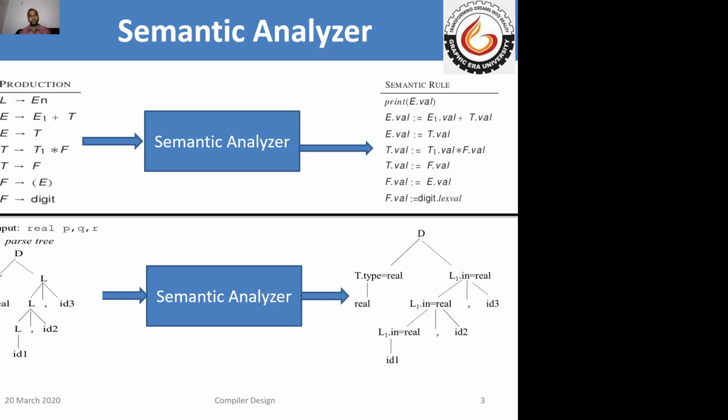And the third is type, then variable dot type. So this is the convention. The semantic analyzer always takes a parse tree as input and converts it into an annotated parse tree. Now this annotated parse tree is further treated as input for the next phase, which is intermediate code generation.